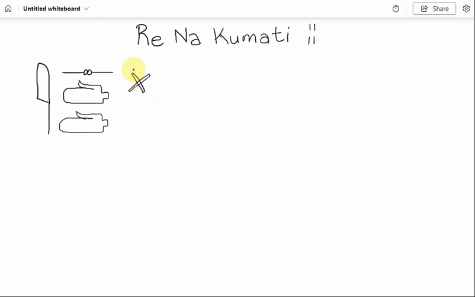Then we have holding a short piece, a short staff.